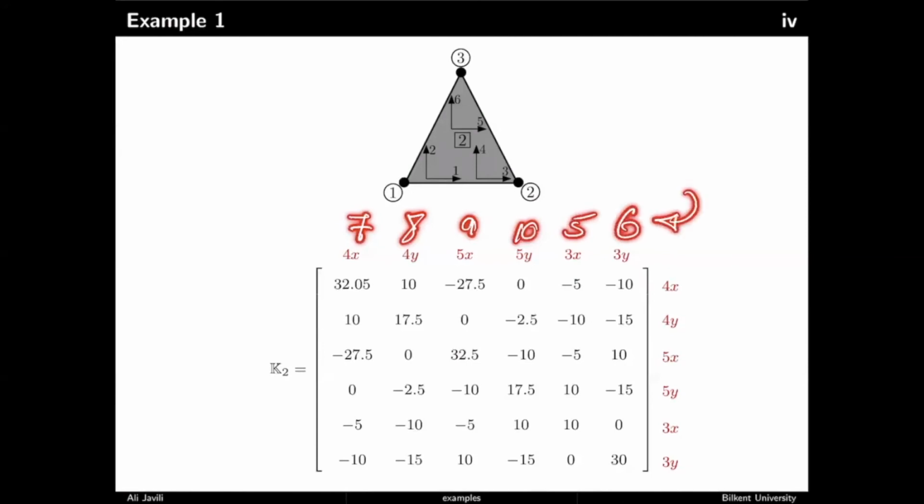These are in the global system, by the way, so you should not pay attention to the local ones anymore, which we used only here. Those numbers that go up to 10 are the important ones. Usually for triangular elements, I suggest you start from a corner node and go counterclockwise. In this example, we didn't do that exactly, but this shouldn't change anything.